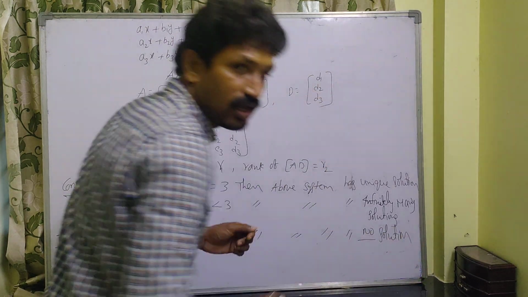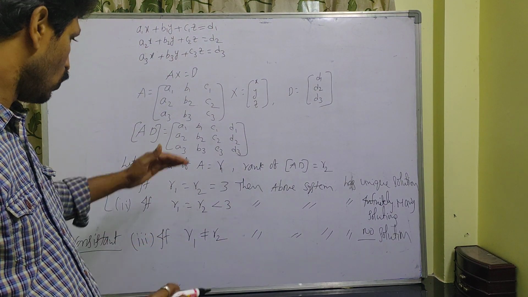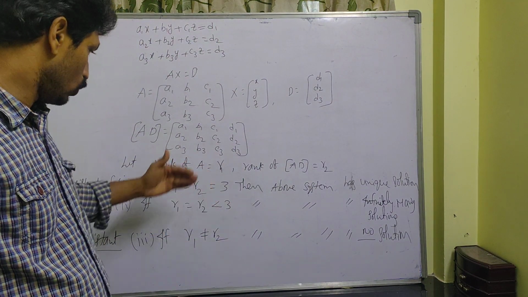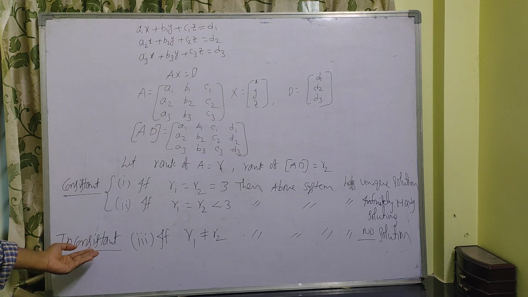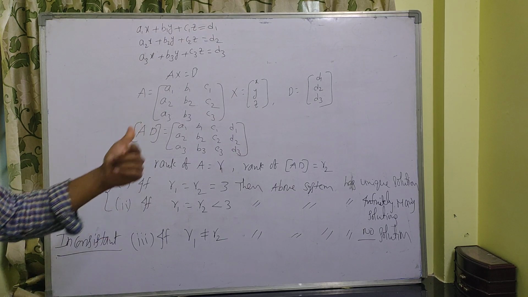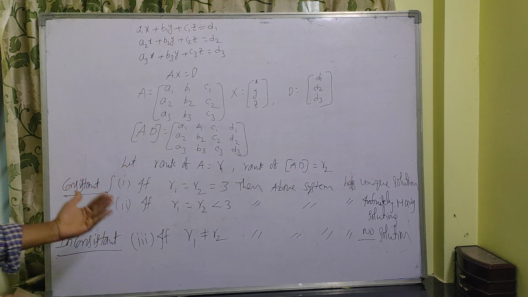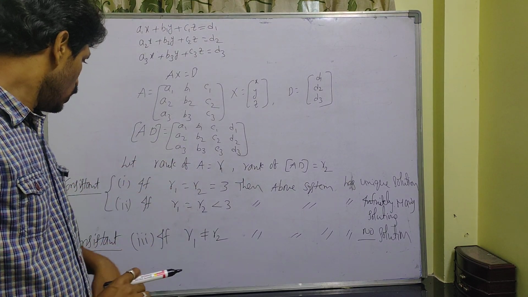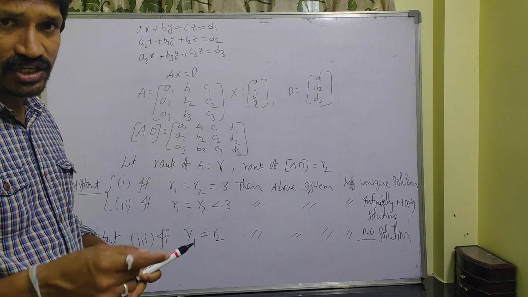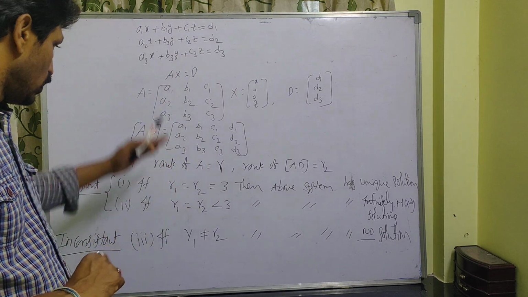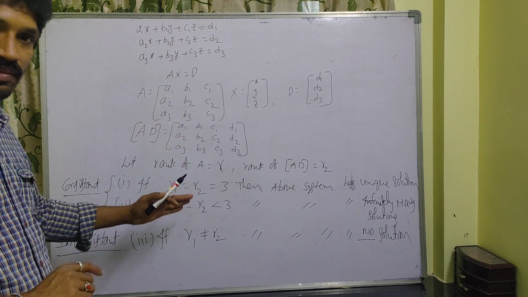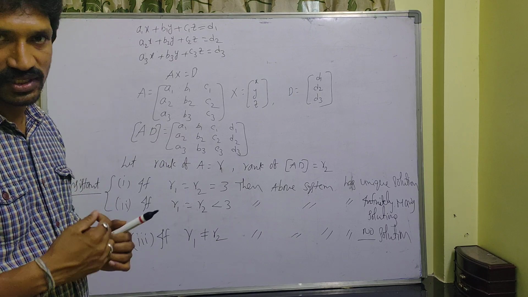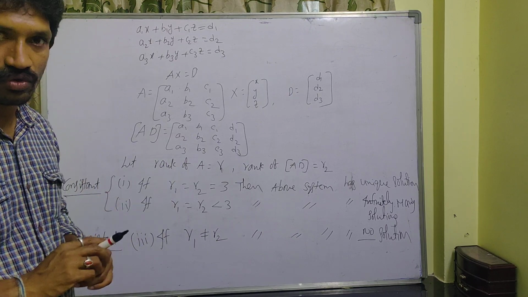This is very, very important. Okay, this is one of the ways to say consistent or inconsistent. We have many methods to say consistent or inconsistent. This is one of the methods. Okay. I will explain a shortcut method also. First, based on this concept, I will explain how to do the problems in the examination.